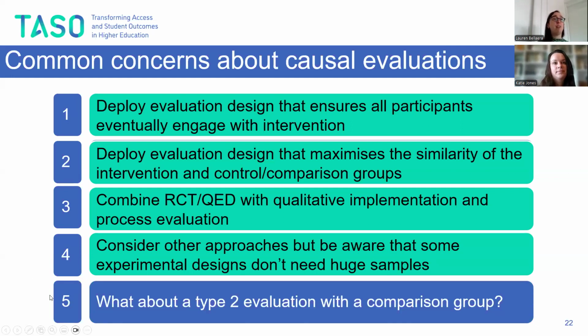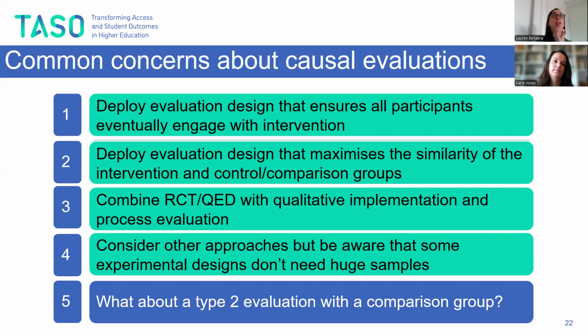Point number 5, which is also a very good point indeed: what about Type 2 evaluation with a comparison group? We know you can have Type 2 evidence which also includes a comparison group. The thing is, just because there's a comparison group, if it's not similar to your intervention group, that won't help you to generate Type 3 evidence.